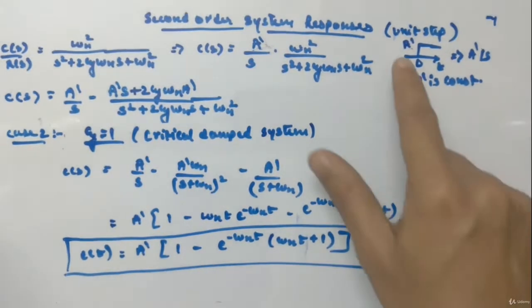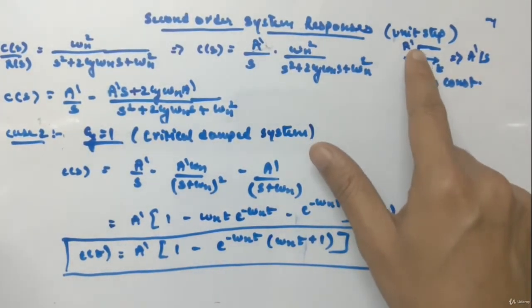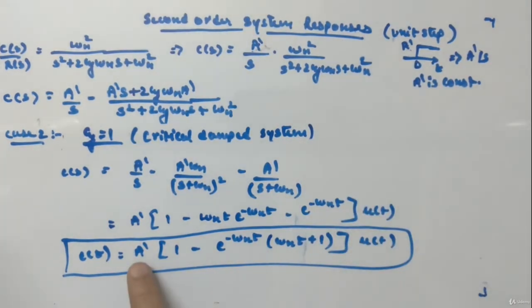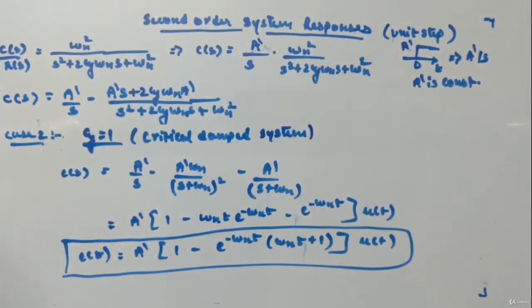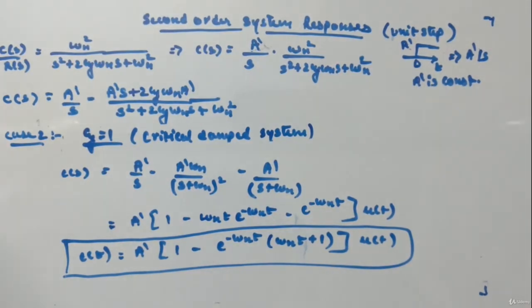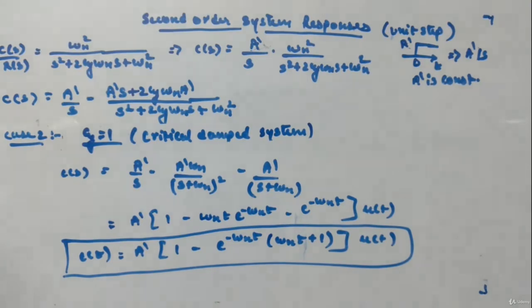Now if your unit step amplitude is 1, then a dash will be 1 and the expression will be 1 minus e to the power minus omega n t times (1 plus omega n t) ut. So this is the case of a critically damped system.